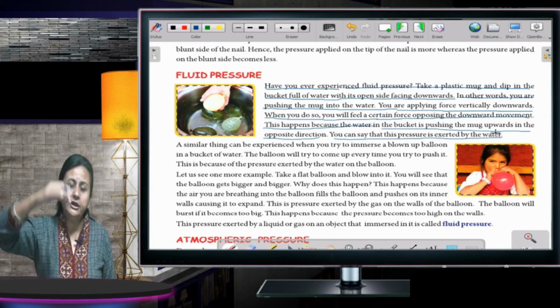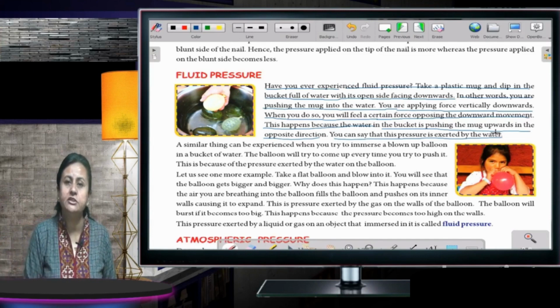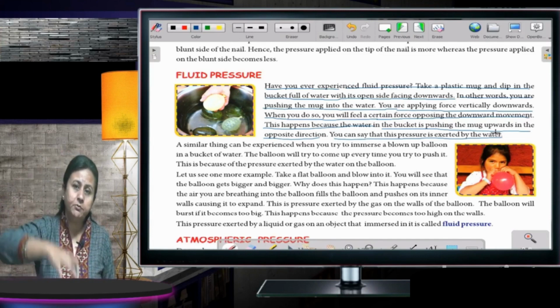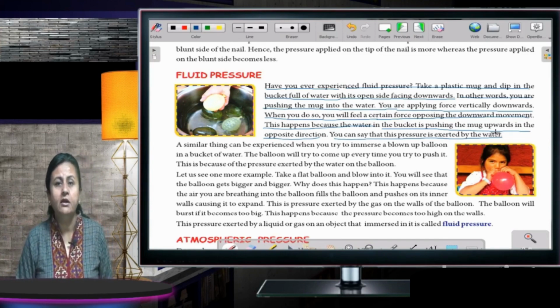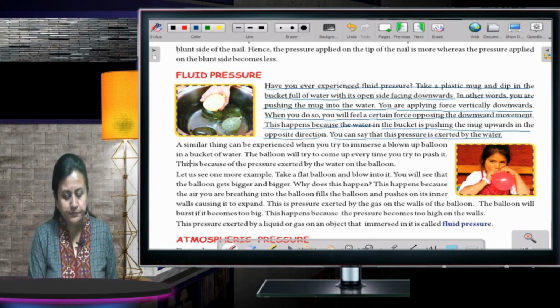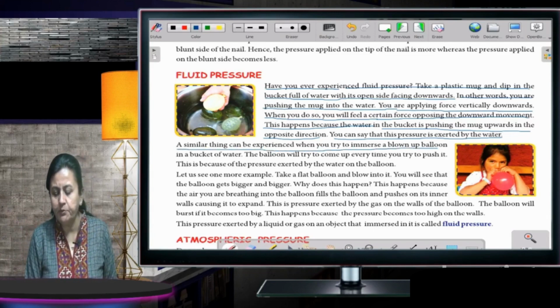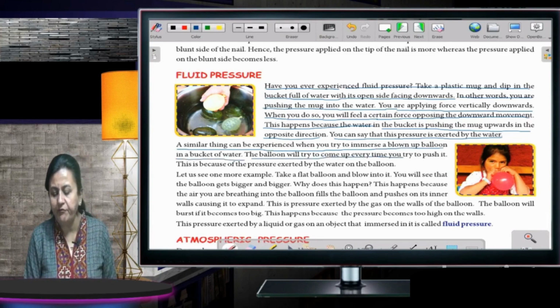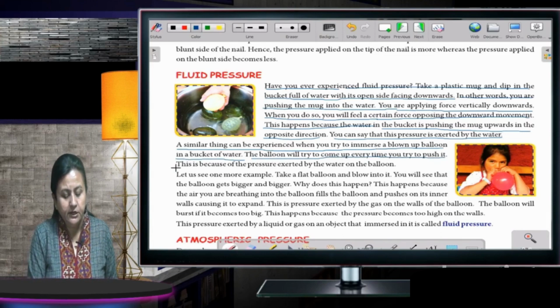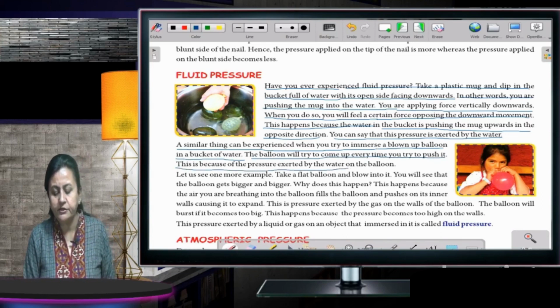A similar thing can be experienced when you try to immerse a balloon in a bucket of water. The balloon will try to come up every time you try to push it. This is because of the pressure exerted by the water on the balloon.